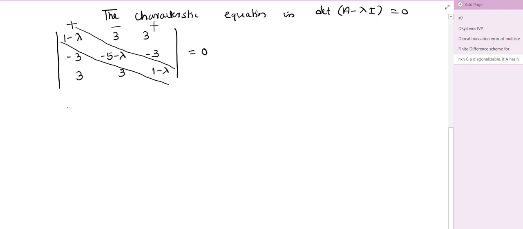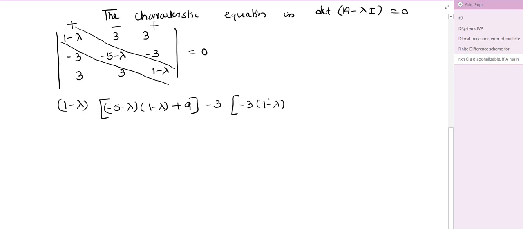This will be equal to 1 minus lambda into minus 5 minus lambda, and minus into minus becomes plus 9. So minus 3 into 1 minus lambda, here plus 9. So plus 3 into minus 9 minus 3 into minus 5 minus lambda, which is equal to 0.